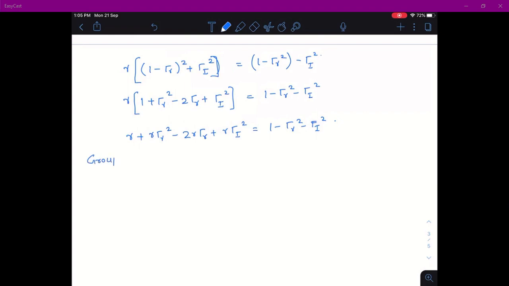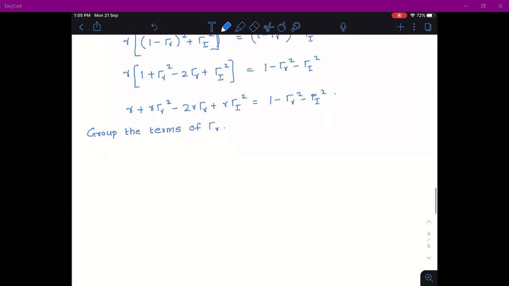So group the terms of τr, which means you can write rτr² − 2rτr + τr², so this is the terms of τr, plus rτI² + τI², this is the terms of τI, plus r − 1 equal to 0.